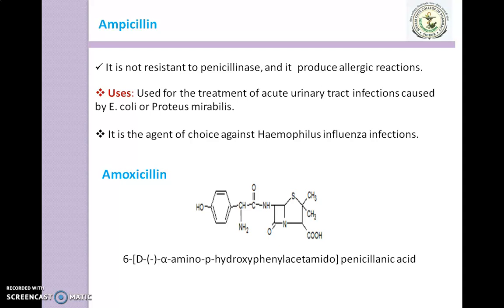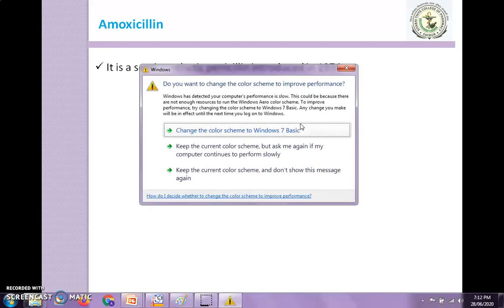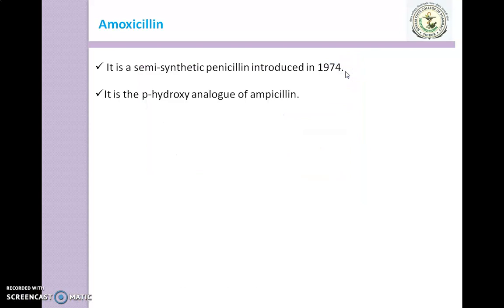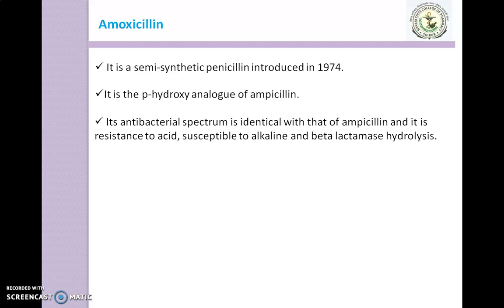There is not much difference between the structures. Amoxicillin is a semi-synthetic penicillin introduced in 1974 and it is a para-hydroxy analog of ampicillin. Its antibacterial spectrum is identical with that of ampicillin and it is resistant to acid, but susceptible to alkaline and beta-lactamase hydrolysis.